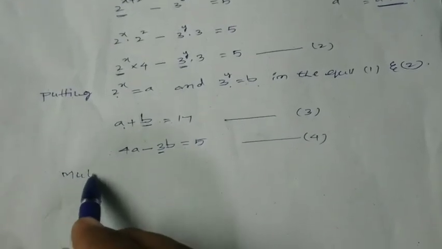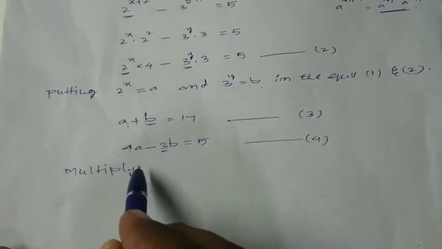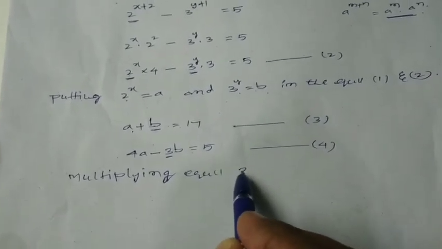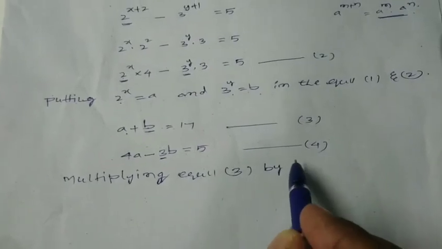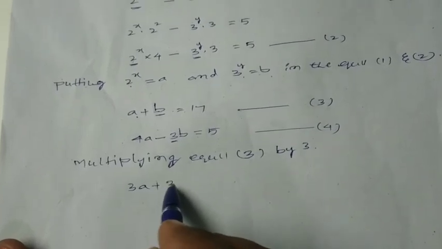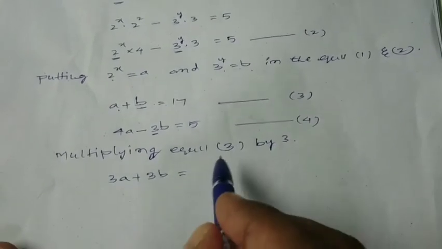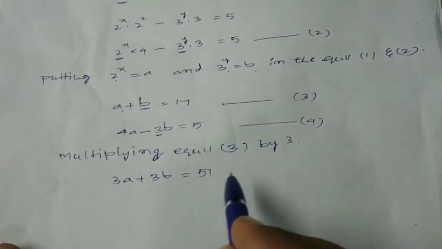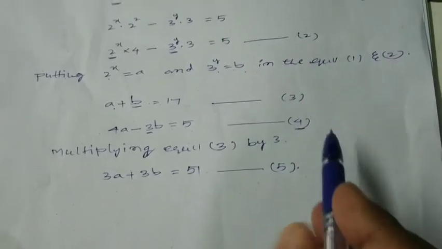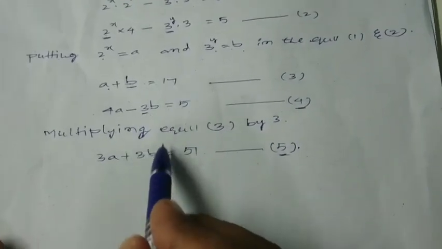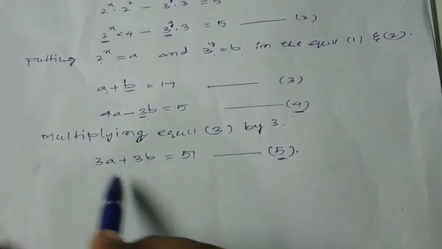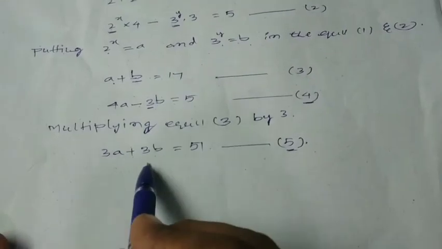Multiplying equation 3 by 3. 3 into a 3a plus 3 into b 3b is equals to 17 3 is a 51, equation 5. See here equation 4 and equation 5, 3b 3b, and they are having different signs. Here minus is there, here plus is there.